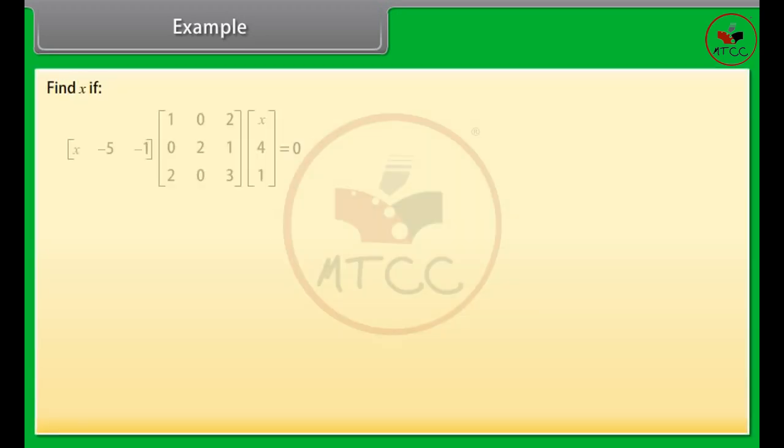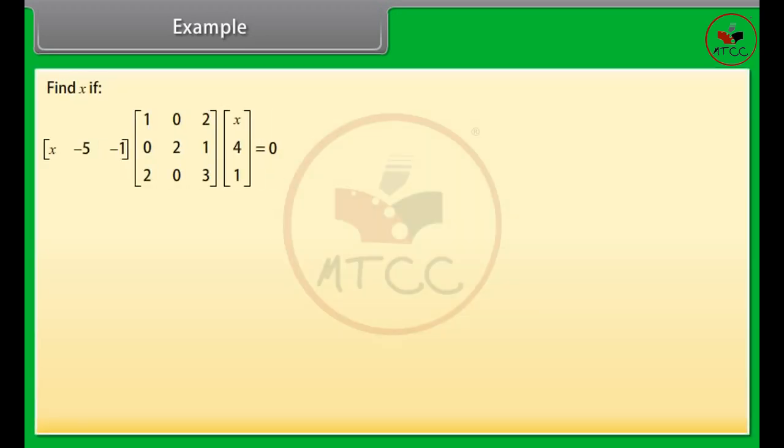Example. Find x if [x -5 -1] multiplied by the matrix with first row 1, 0, 2, second row 0, 2, 1, third row 2, 0, 3, multiplied by the matrix with rows x, 4, 1 is equal to 0.